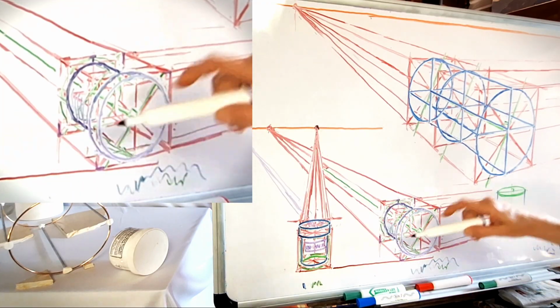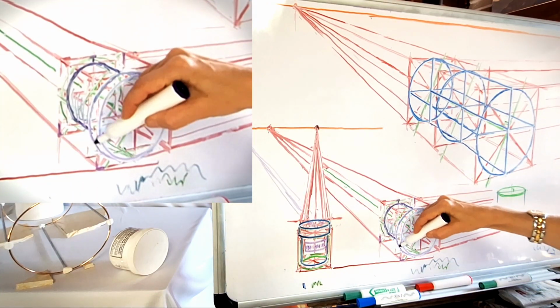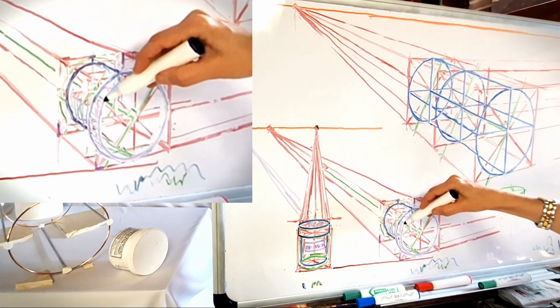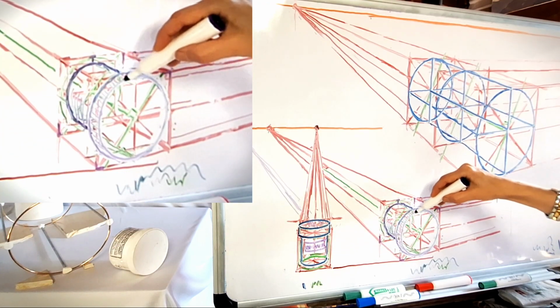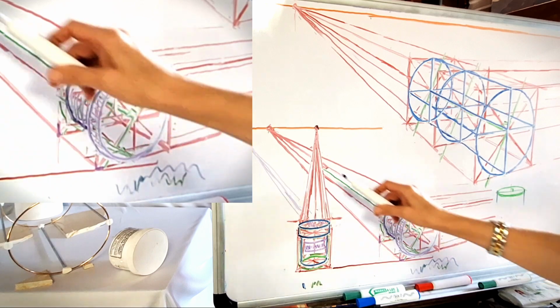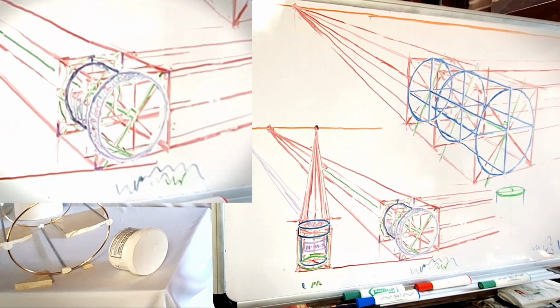The curvature, but you can also indicate this, for example, with straight lines to show that this is your edge of the lid. And if these lines are still directing the viewer to the vanishing point, it also becomes very helpful.